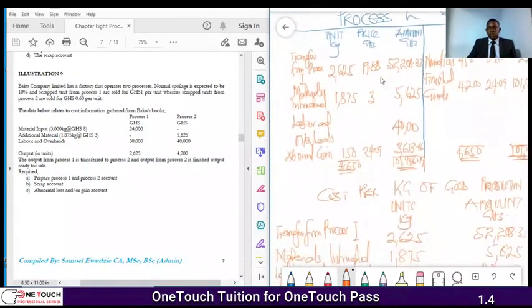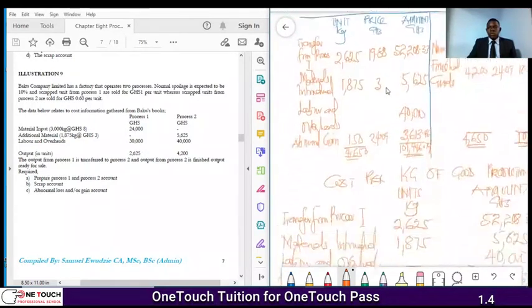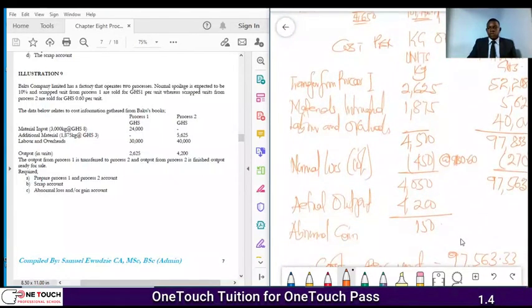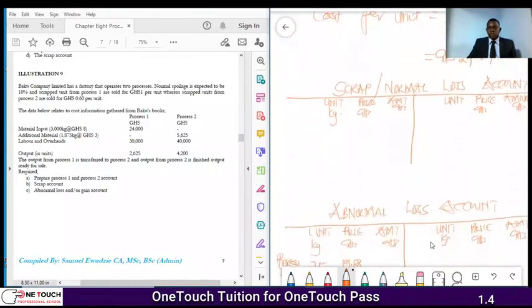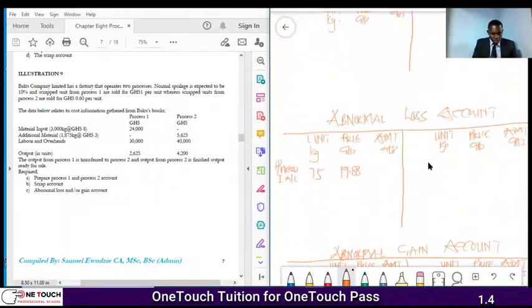So 75 times 19.88 gives 1,491.67. Okay, good. That's an abnormal loss.